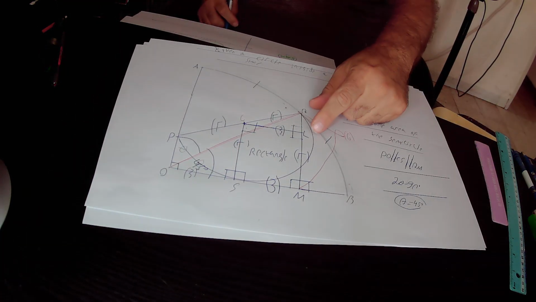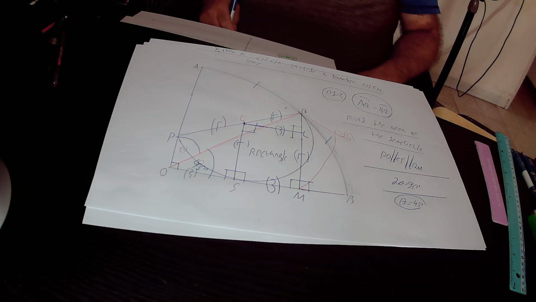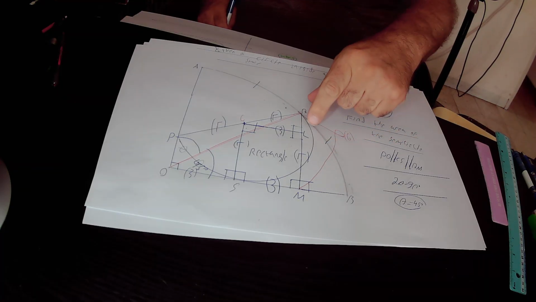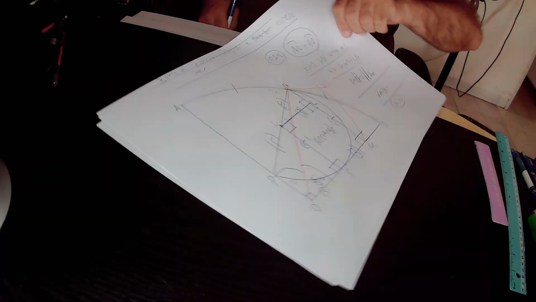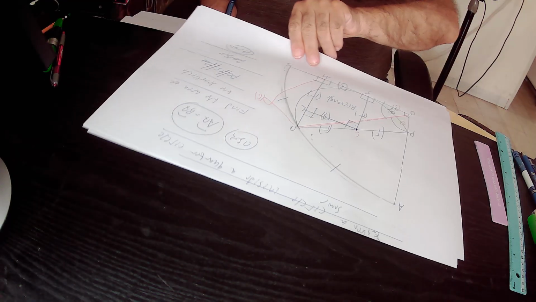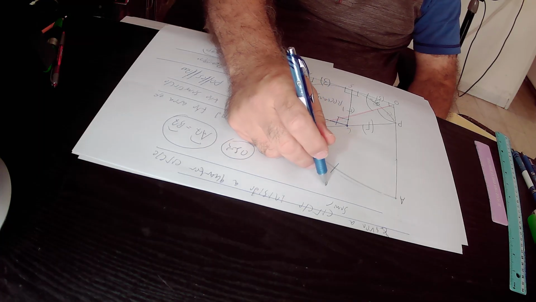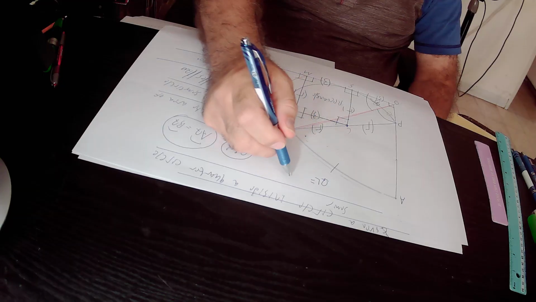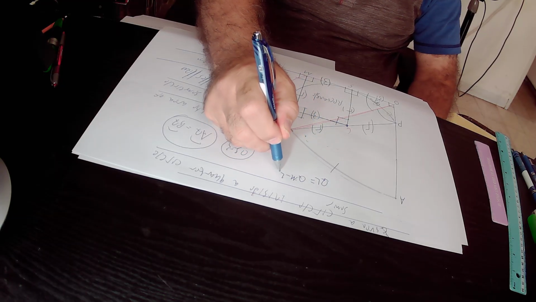What is the length of the missing line segment QL? From the drawing, it's very easy to say that QL in total equals QM minus LM. Again, QL equals QM minus LM. So write it down. QL equals QM minus LM.